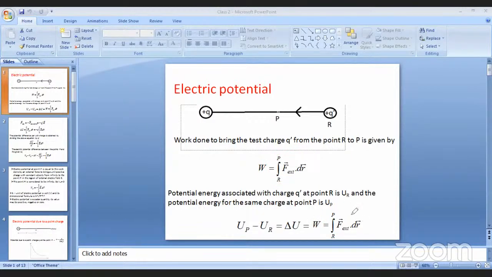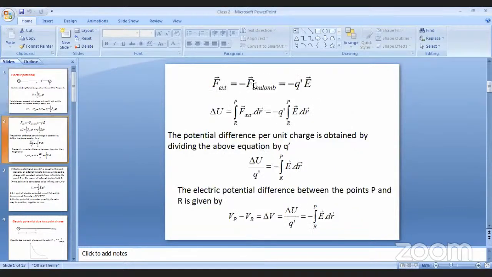Now the next thing is, this F external is the work done by us, and as we have already mentioned, this work is done against the electric field. So here in this slide you can see the external work done by us is actually against the Coulomb force between the source charge and the test charge.